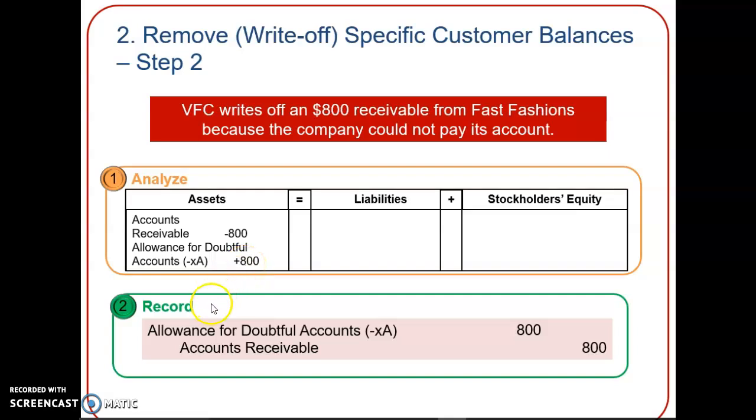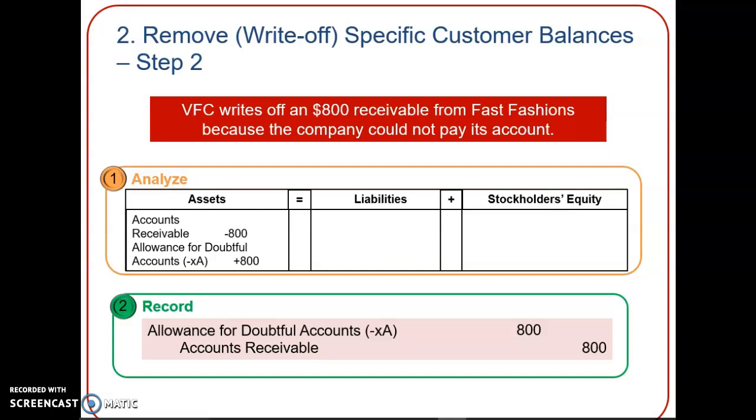So when we record this, we say debit allowance for doubtful accounts $800, which effectively reduces the balance of allowance for doubtful accounts. And similarly, for the accounts receivable, we also write off $800 from accounts receivable.